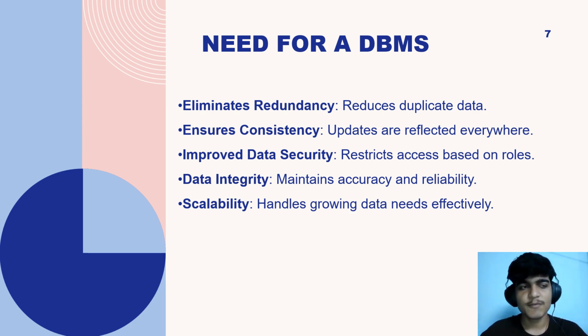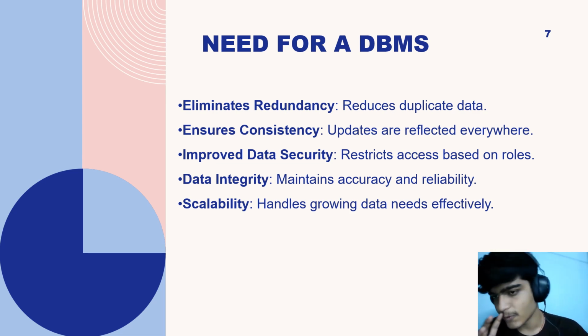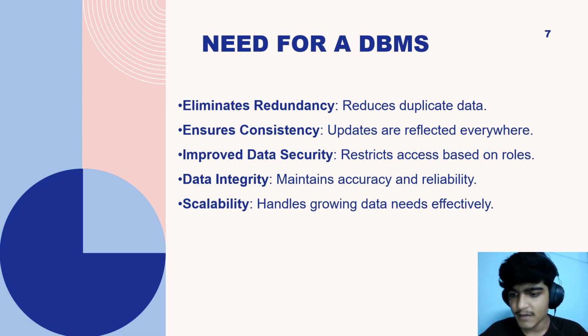So for example, if we want to put the data of a student, and by mistake we put the data of the same student twice, it would recognize that and create only a single row for the student. Then second point, it ensures consistency. Updates are reflected everywhere.